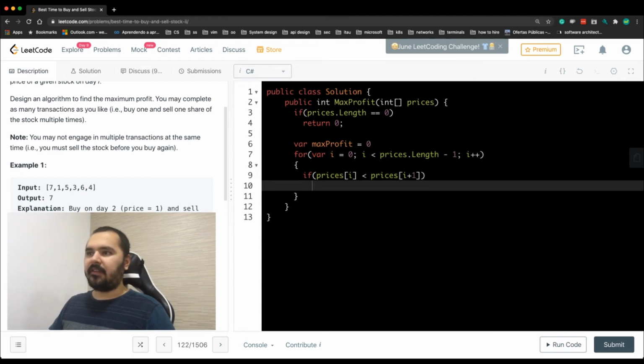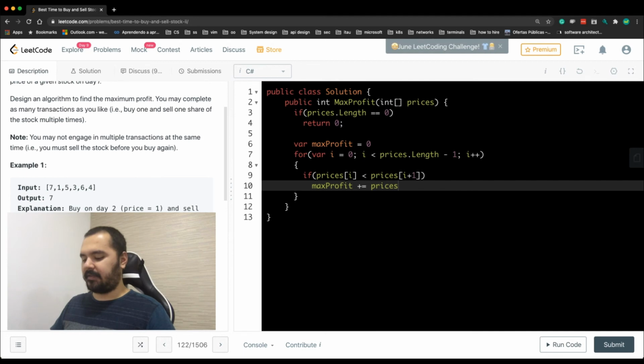And yes, if we can get some profit with these prices, today's price and tomorrow's price, we can just add this into our max profit variable.